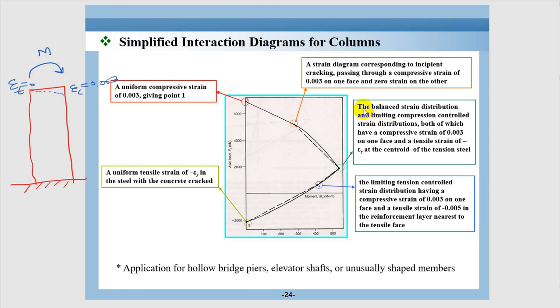If you remember, the balanced strain distribution and the limiting compression control strain distributions both have compressive strain of 0.03 on one face and a tensile strain of epsilon y at the centroid of the tensile steel, which means that the tension steel at the end of the section of the column will reach epsilon y.